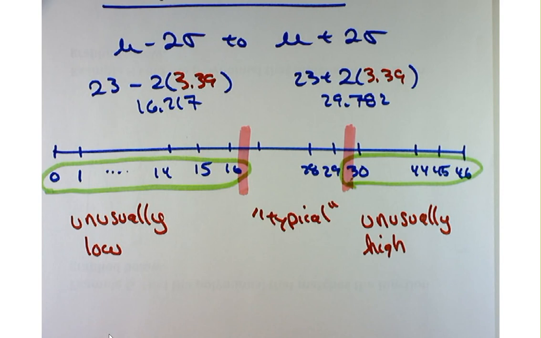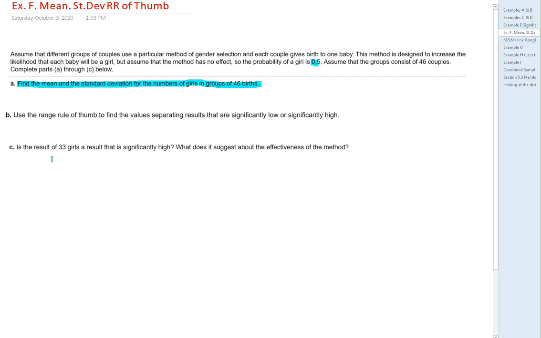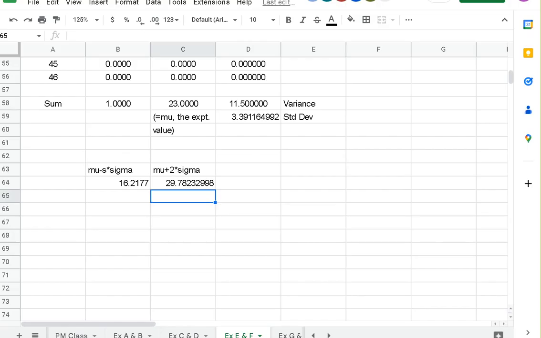Go ahead. How about the problem we're working on right now? So let's take a look back. I think they're going to ask us about one event in particular. Is the result of 33 girls a result that is significantly high? What does that suggest about the effectiveness of the method? So what do you think? Is 33 girls unusually high? Yes. Absolutely, yeah.